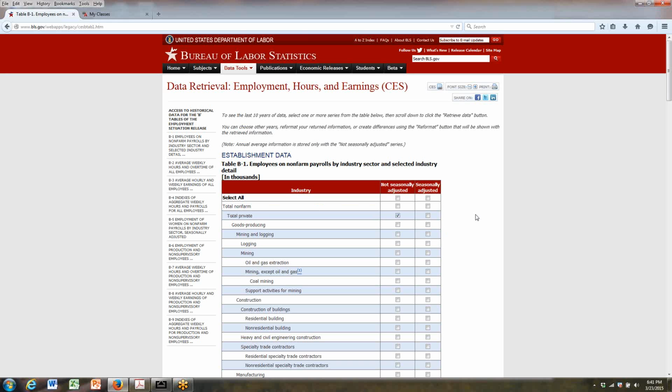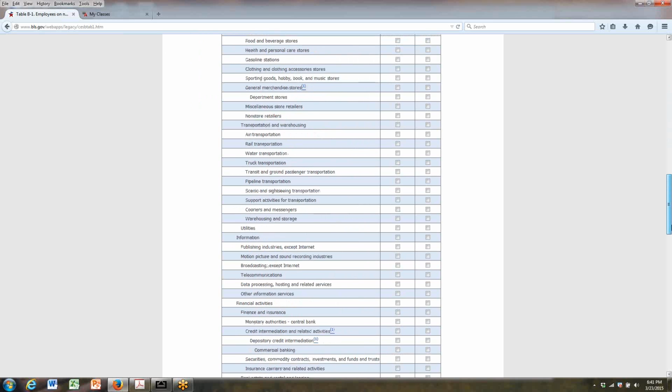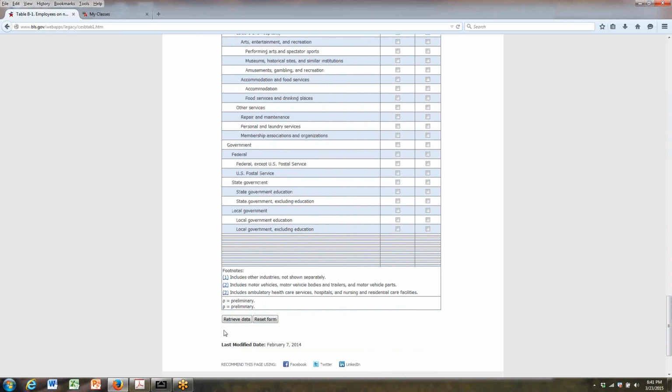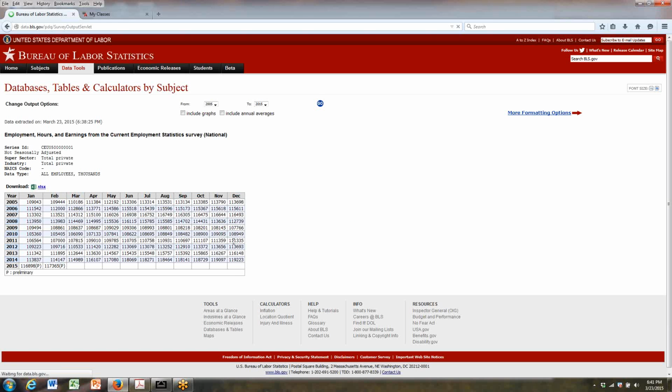I'm going to click that box. Then we go down here, and I'm going to retrieve data. And it's going to think a while, and that's how many jobs, total private jobs, non-seasonally adjusted, that we had during these months.